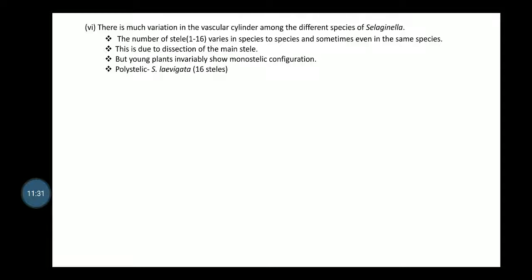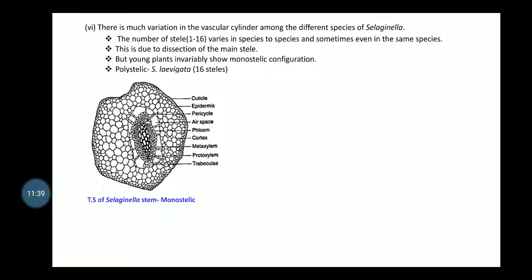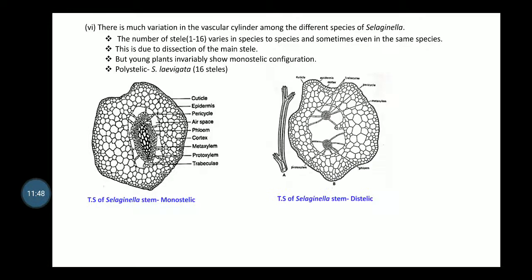One polystelic species also found, which contains 16 stele, that is the Selaginella levigata. That is the diagrammatic view of transverse section of Selaginella stem, that is a monostelic condition, and that is the diagrammatic view of Selaginella stem with two stele, that is distelic condition.